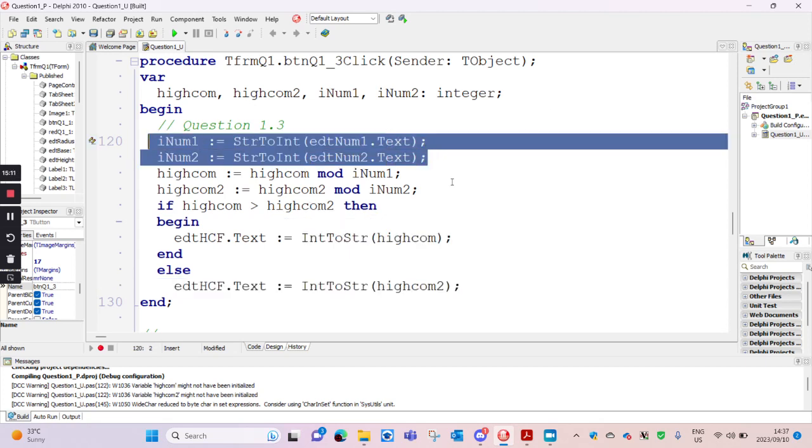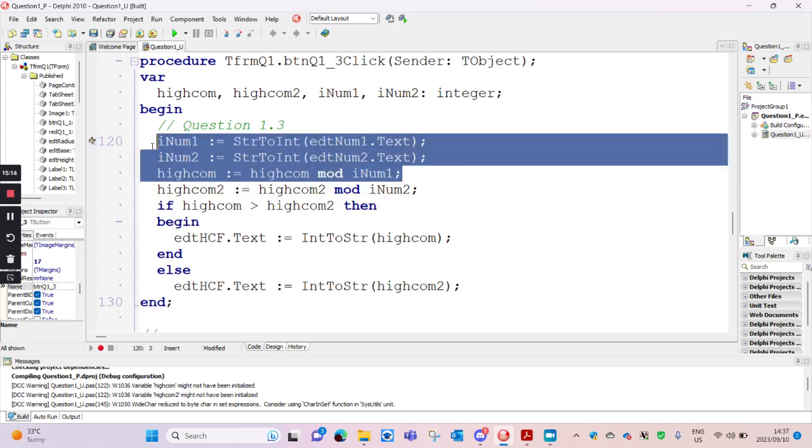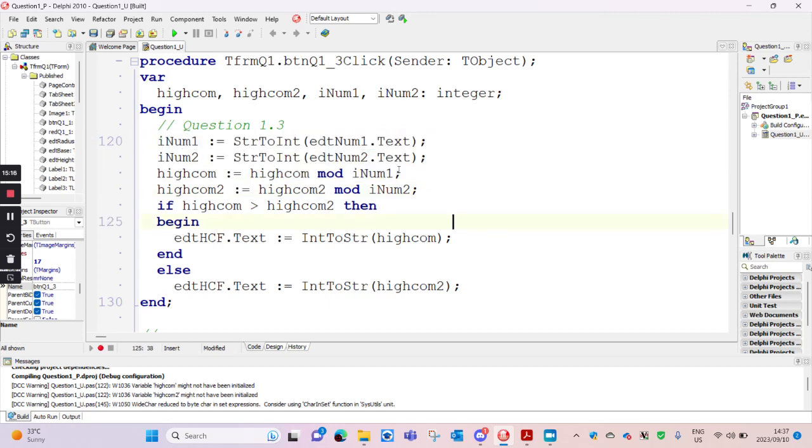All right, so let's see. Step 1, extract our numbers. Then a question: this person used integer. Would double not have been better? Why or why not? All right, so integer is the right answer.